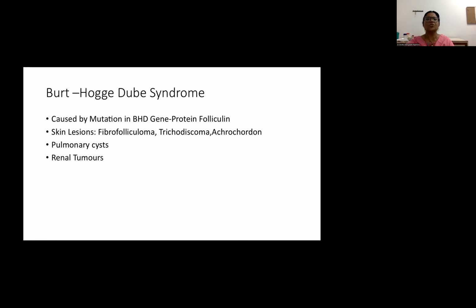the 17th chromosome, and the skin lesions being fibrofolliculoma, trichodiscoma, acrocordon, etc., and other lesions being pulmonary cysts and renal tumors.